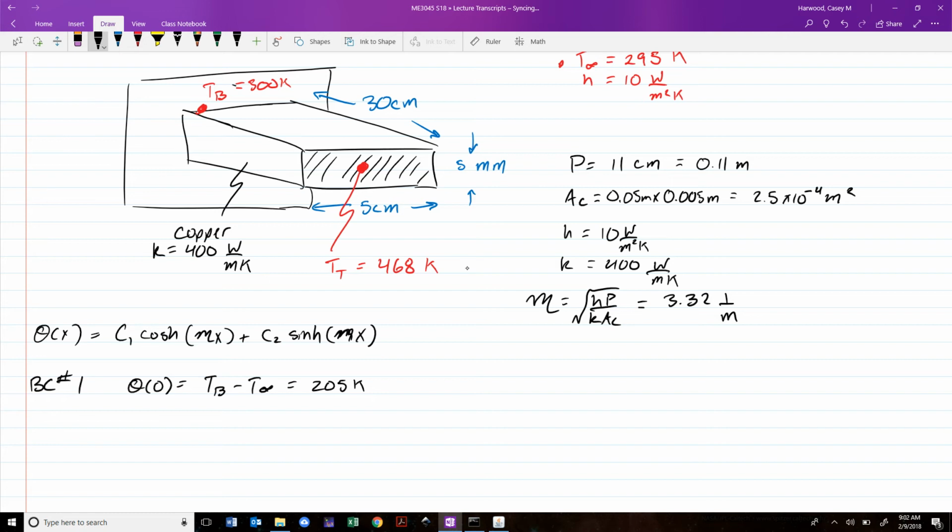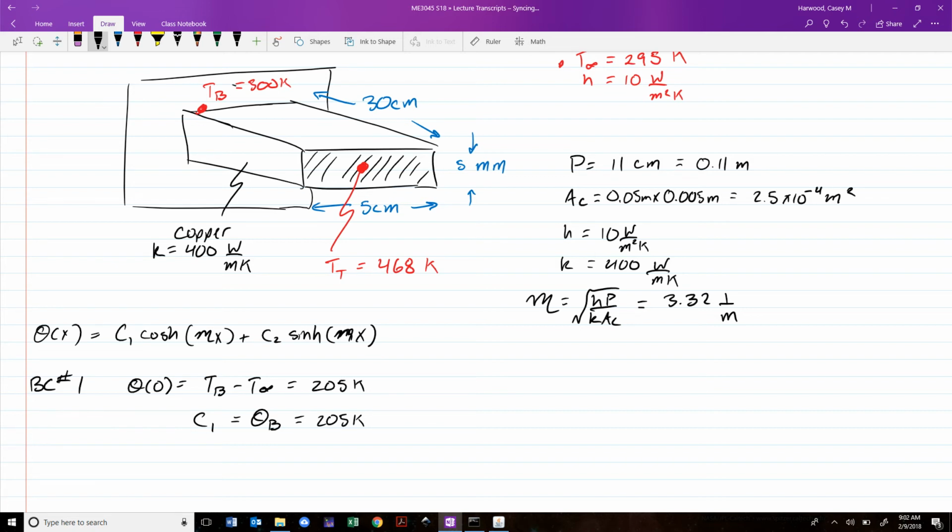If we plug in a 0 for x in each of these arguments, the sinh goes away, because sinh of 0 is equal to 0, cosh goes to 1, and so we end up with θ(0) equal to C1. Well, that's easy. We've got our first constant. So C1 is equal to this θ_b, 205 Kelvin.